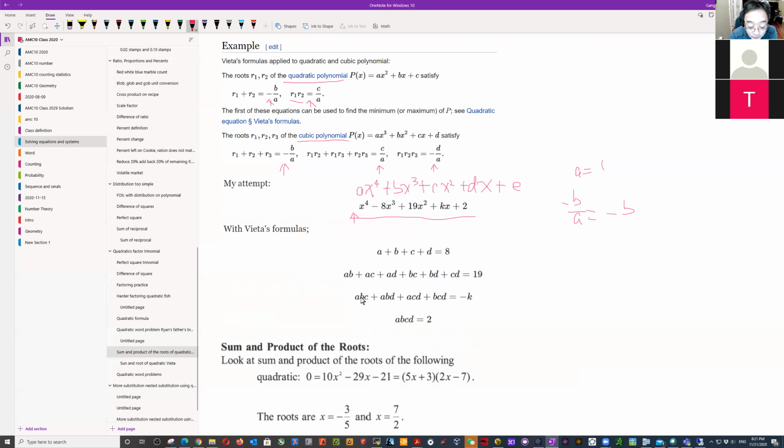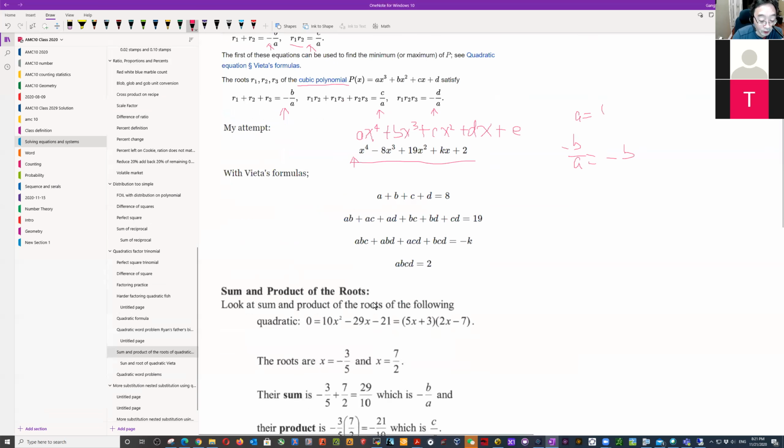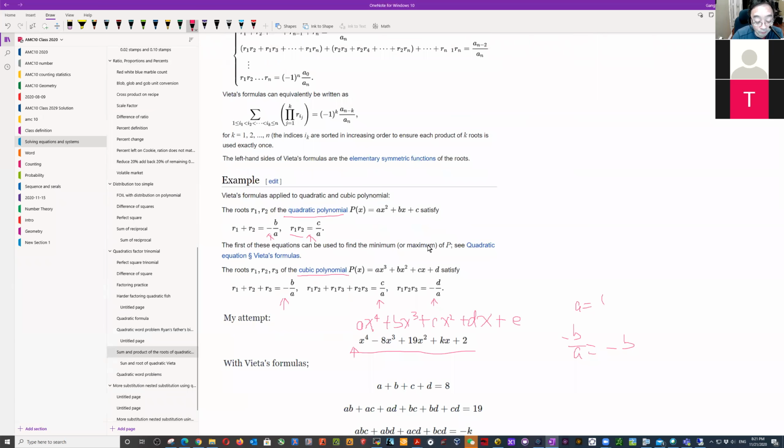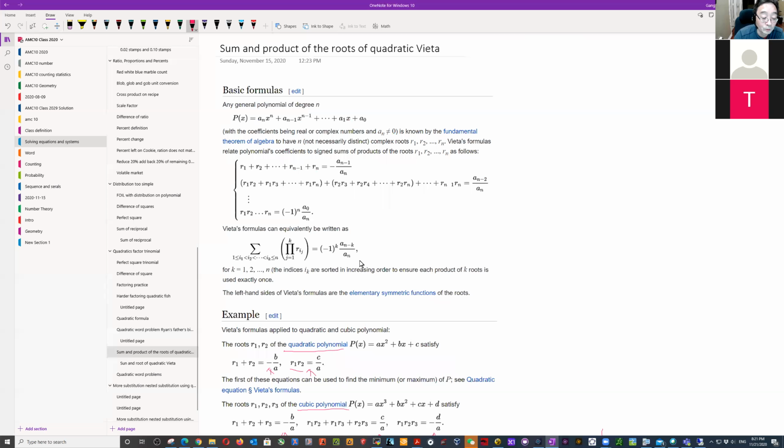Then the sum of the products of any three roots will be the negation of the next coefficient, and the product of all four will be the last one. So this Vieta formula goes a long way, and actually goes to any power. So let's go back to this.